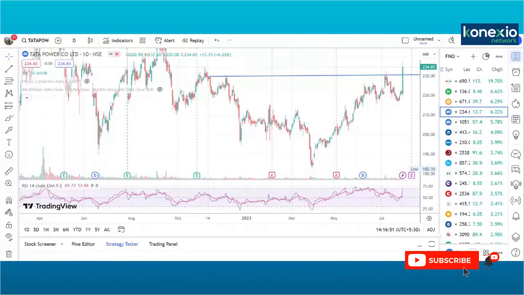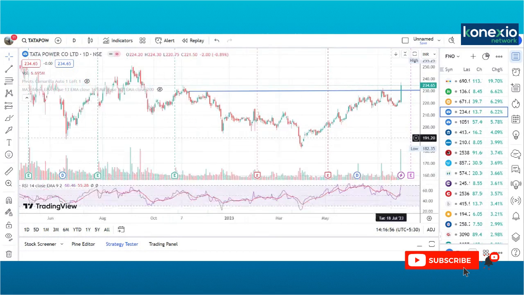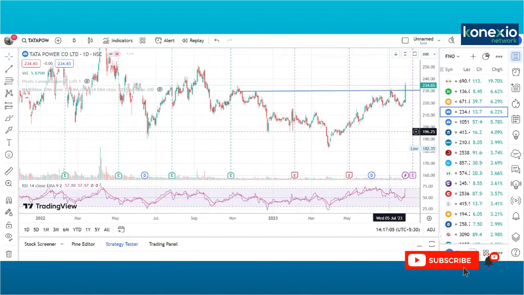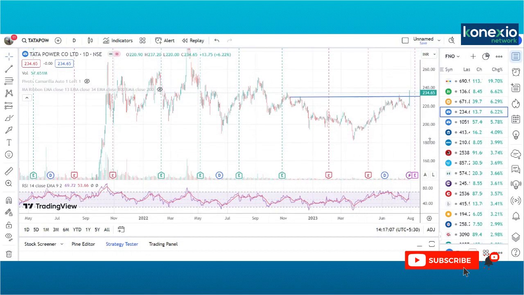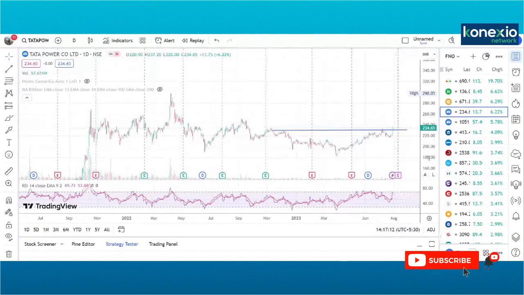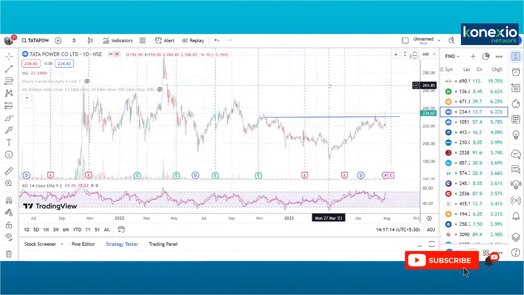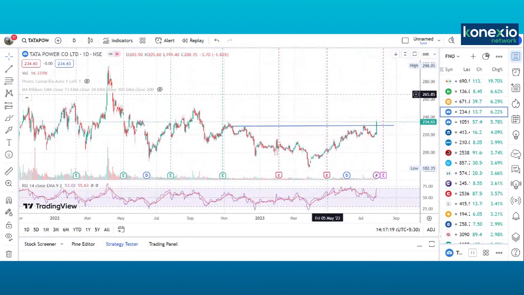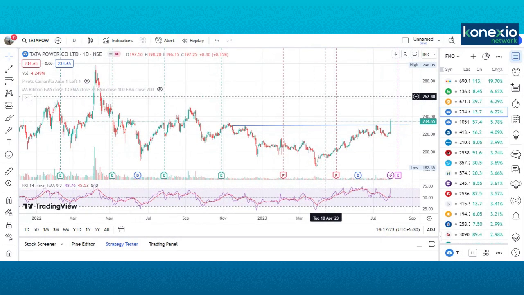Now, this is an inverse head and shoulder breakout in Tata Power. You can see there was huge volume on the breakout. On Friday, the stock was trading positive with a 6% gain, and this breakout was supported with very strong volumes. Not only Tata Power, but the whole of the power sector was very bullish. You can see NTPC, Power Grid, REC, NHPC, each and every stock was trading positive.